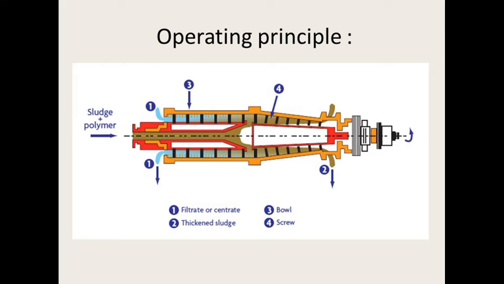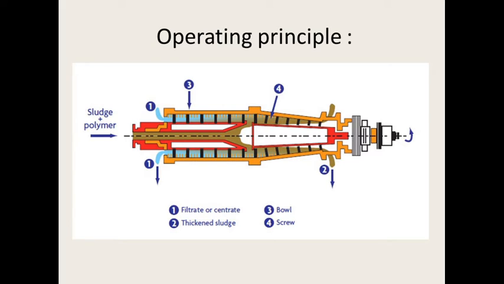So this is the operating principle: sludge plus polymer enters from one side. Then the filtrate or concentrate, then the second part, that is thickened sludge. From one side we feed the sludge, and at the end you can see the number 2 that indicates the thickened sludge.